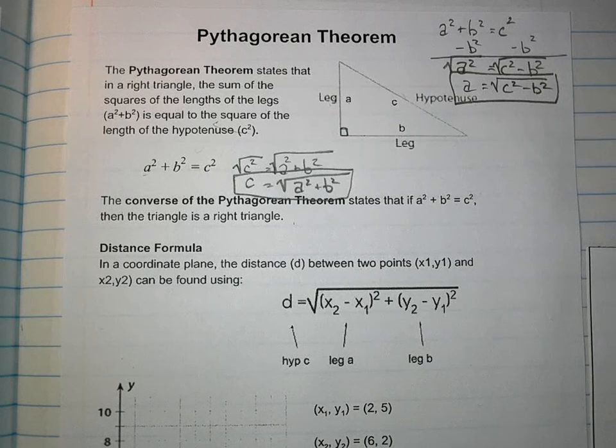So, using the converse of the Pythagorean theorem, if they give me three sides, I can tell them if it's a right triangle right away. So that one's really an exercise in typing in the calculator.